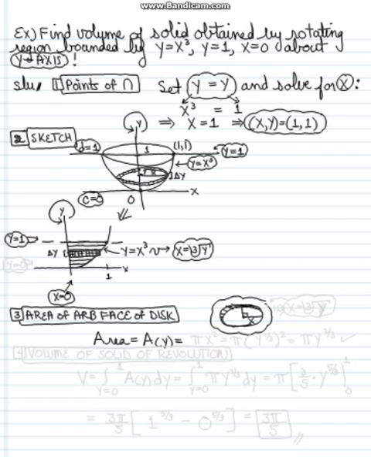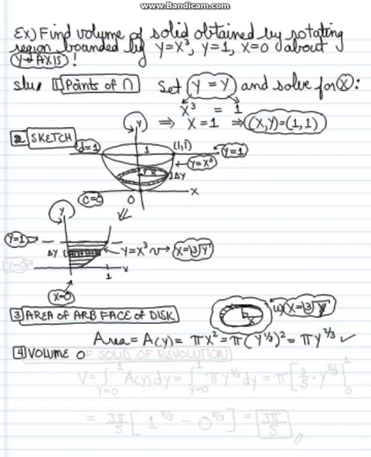So the area as a function of y is pi times the radius squared, where the radius is x. We solved for x and saw that it is equal to the cube root of y. So we replace x squared with y to the 1/3 squared. We get pi times y to the 2/3.